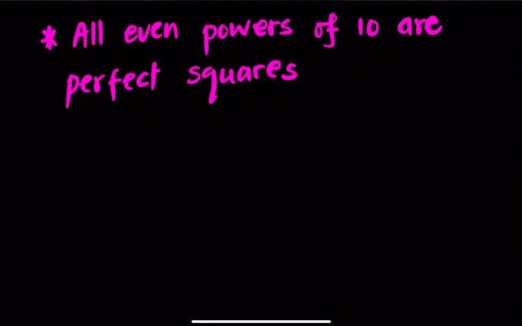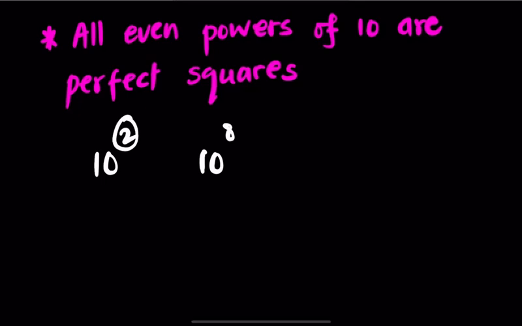Let's look at another fact on perfect squares, which says that all even powers of 10 are perfect squares. What does it mean? Let's say we have 10 raised to 2. Is this a perfect square? Yes, because the power of 10 is even. Let's say we have 10 raised to 8. Yes, it is because the power of 10 is even. 10 raised to 15.